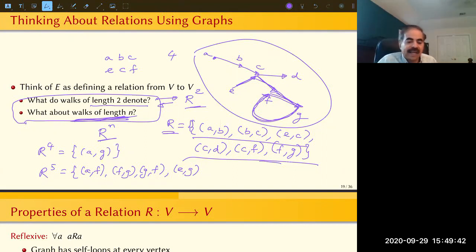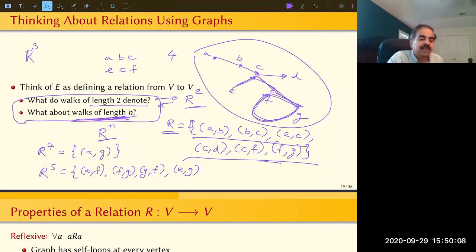Paths do have some relationship, but it is not a simple equality, right? So if there is, let's say, a path of length 3, let's take A to D, there's a path of length 3 from A to D. What you can say is that R to the power 3 will contain this path.